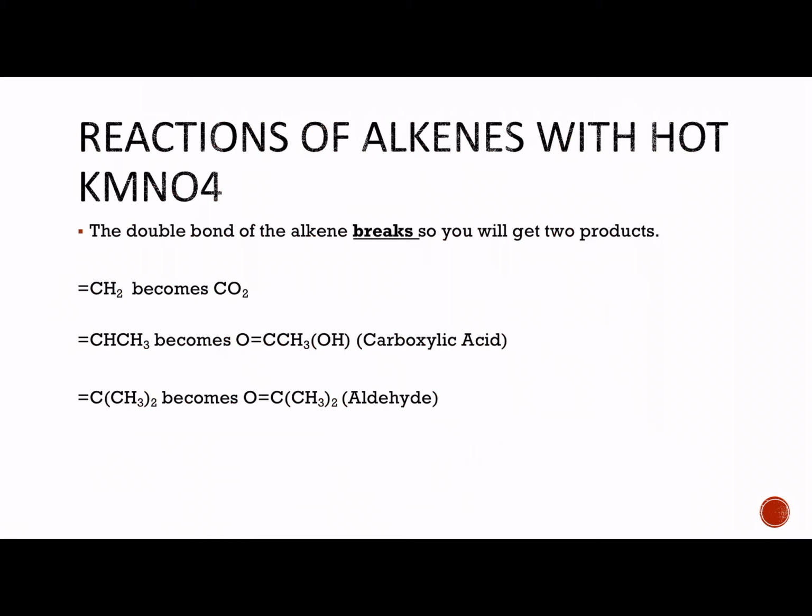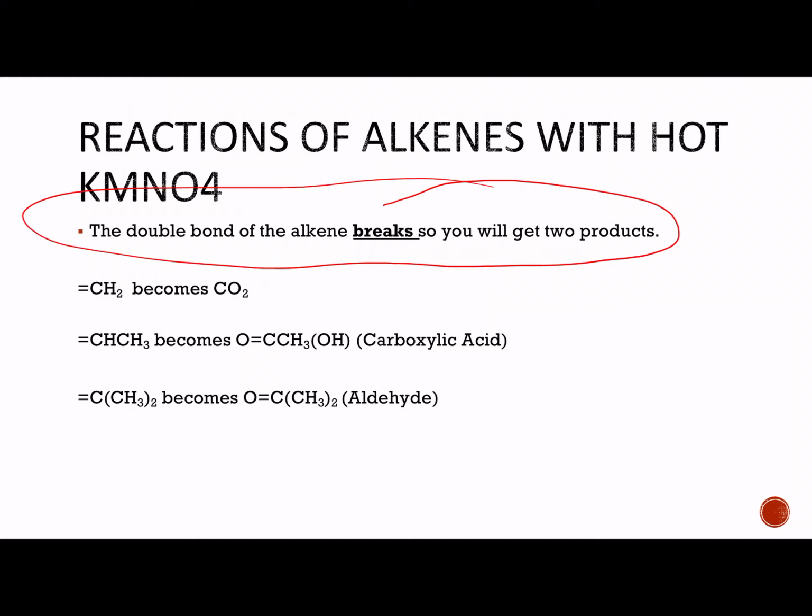All right, so cold KMnO4, done. So how do we oxidize an alkene with hot KMnO4? What is the difference? Hopefully it makes sense that at a high temperature, not only do you break the single bond of an alkene, you actually have enough energy to break the double bond, and you form 2 products as a result.